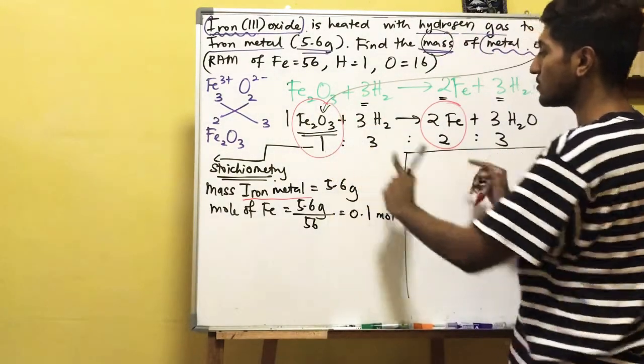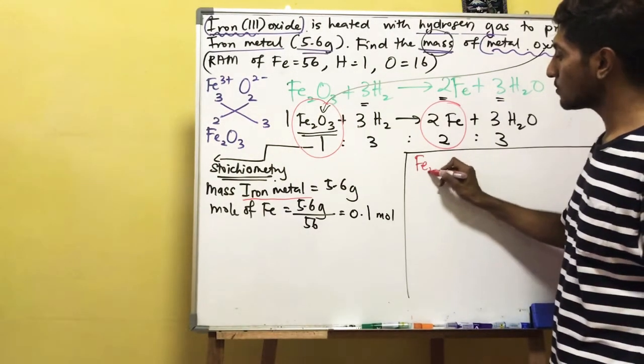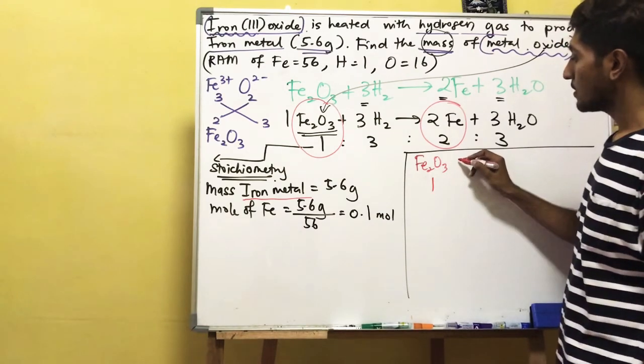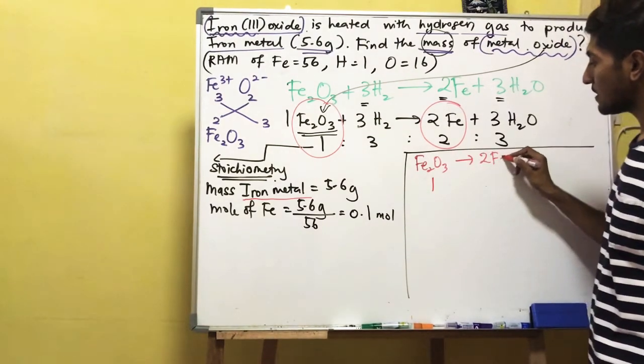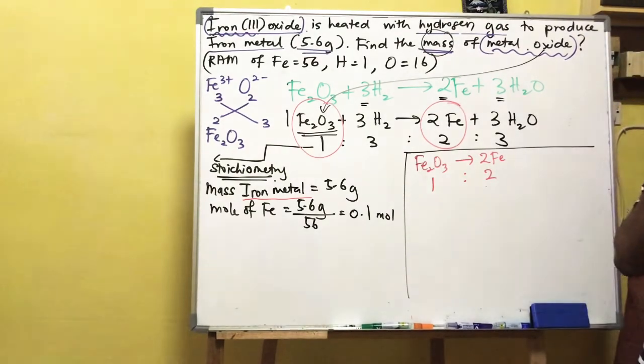Can you see the ratio? So, Fe2O3, we need 1, producing 2Fe. So the ratio is 1 to 2. Right?